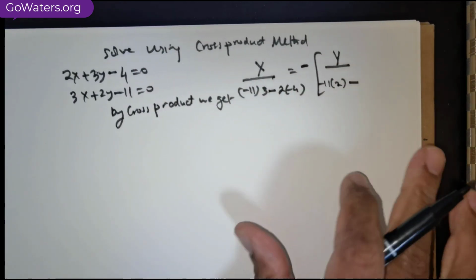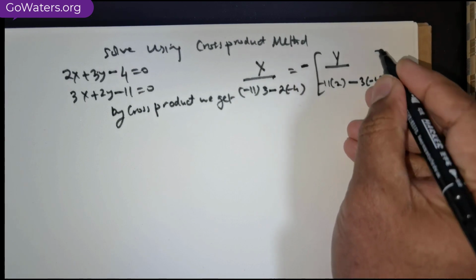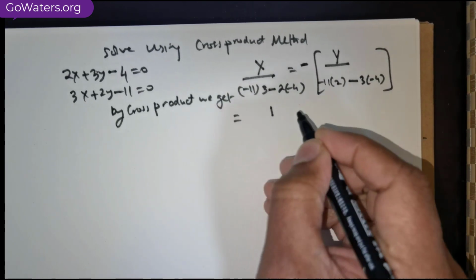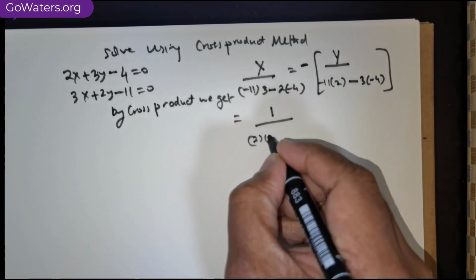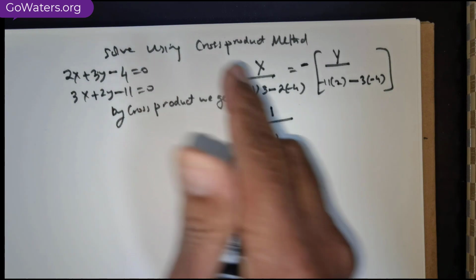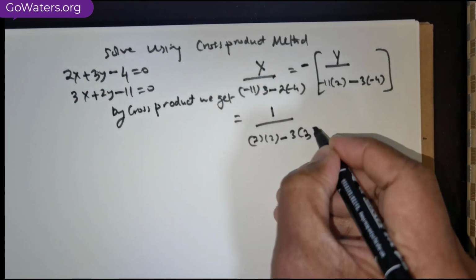So 3 multiplied with negative 4, that's what you got. This is equal to constant divided by, leave this column, and 2 multiplied with 2. When you are operating from the left side, take a negative sign, 3 multiplied with 3. This is what you got.